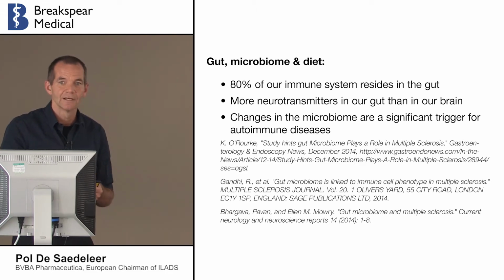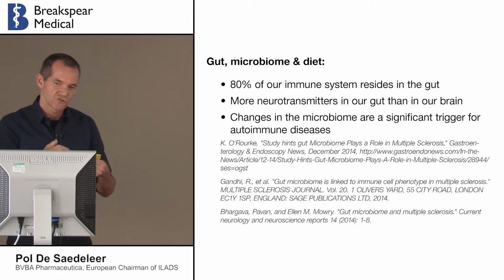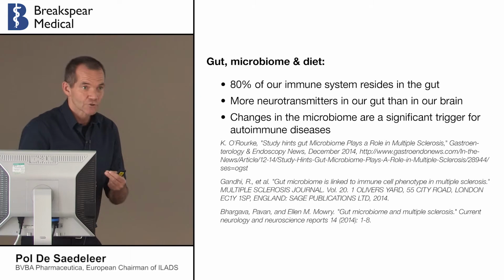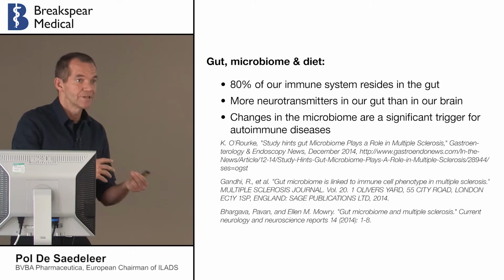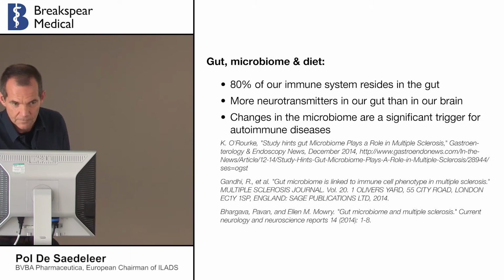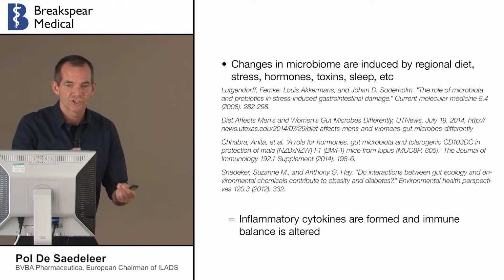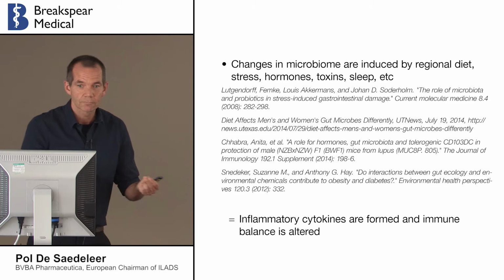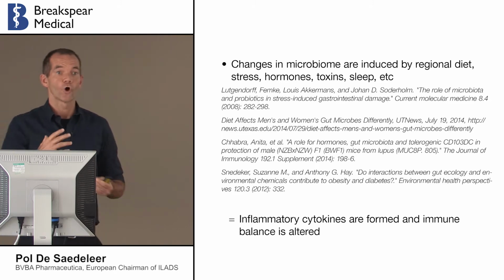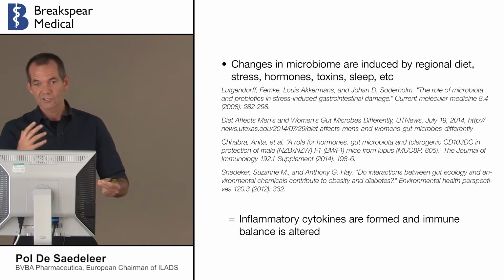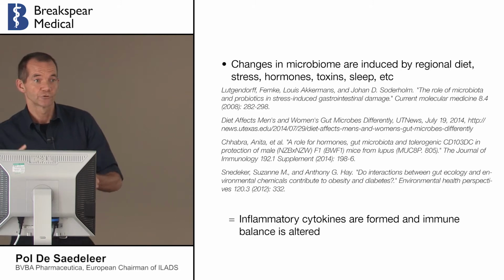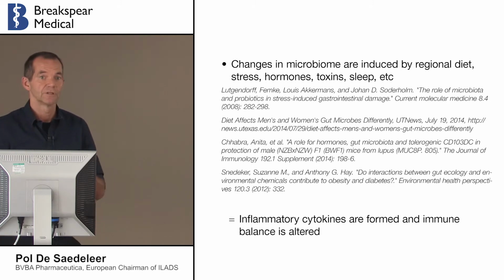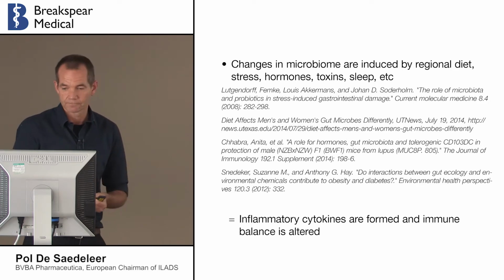And automatically, everything that is inducing changes in microbiome could also induce our immune response. So, for example, changes in microbiome induced by changes in food, or stress, or hormonal changes, toxins, sleep, could produce more inflammatory cytokines, and as a result, immune balance is disturbed.